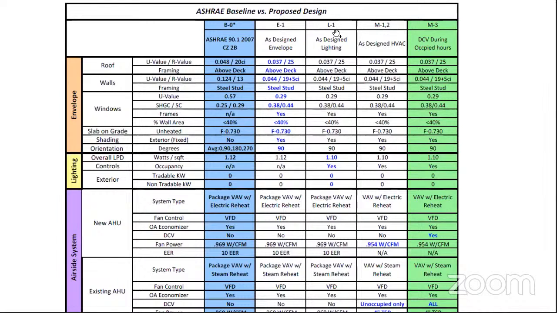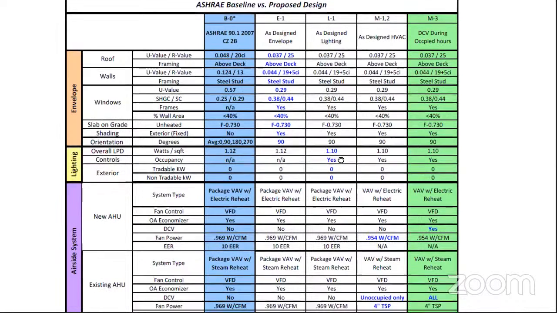In the second energy conservation measure, you can see 1.1 was used. Occupancy control was not a mandatory requirement as per ASHRAE 90.1, but if you use it in a proposed case, that will give you savings.